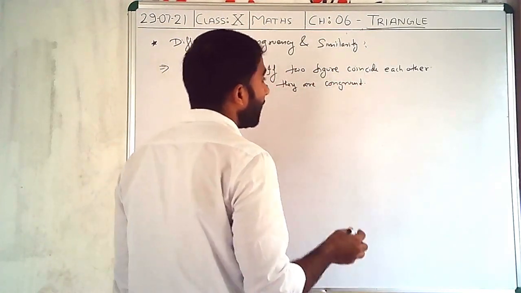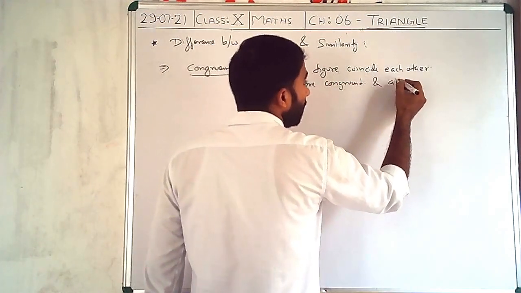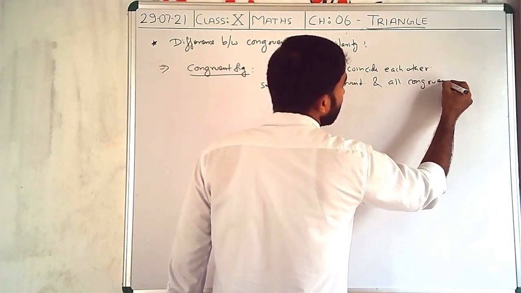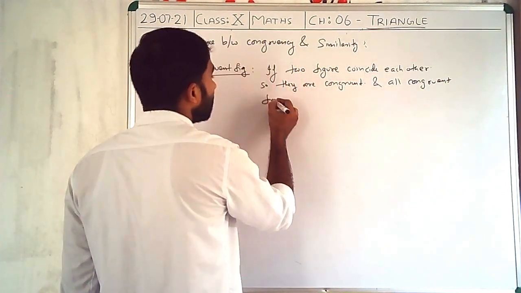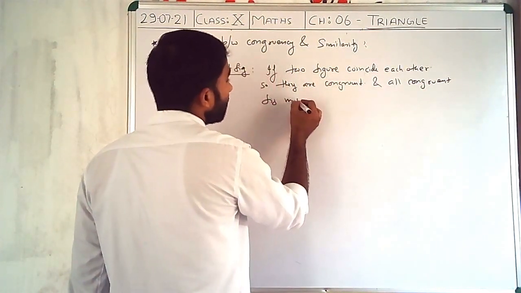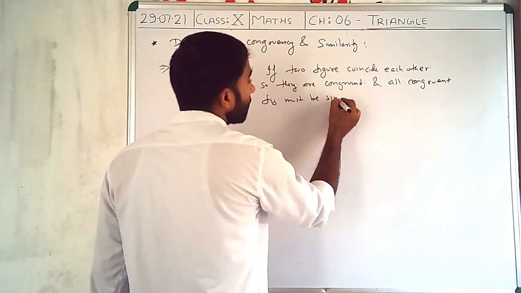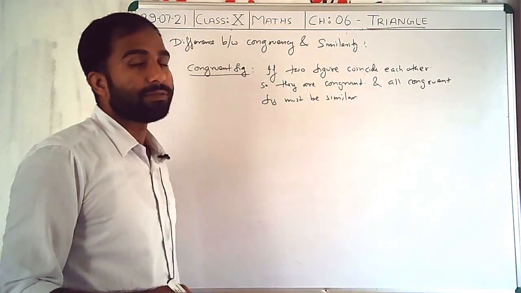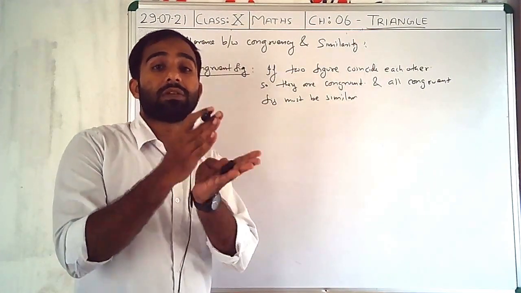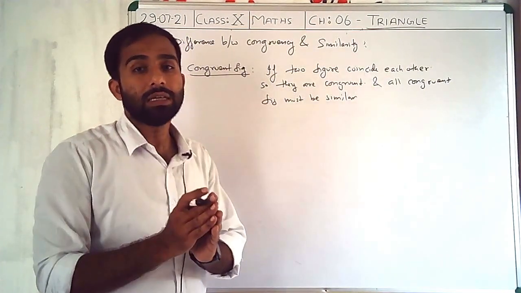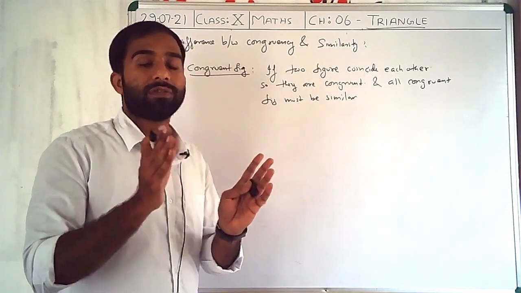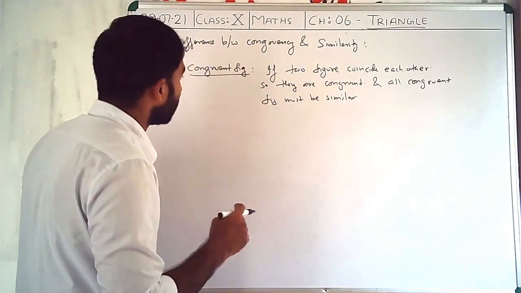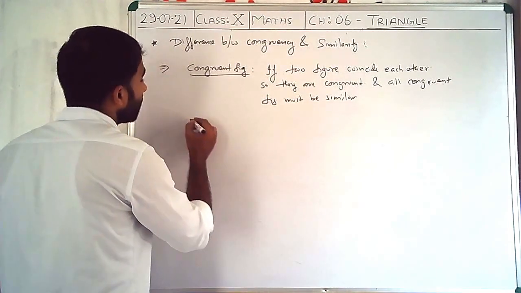And all congruent figures must be similar. It means if two figures cover each other completely, then both figures are congruent. And all of you know the symbol of congruency and the rules of congruency.